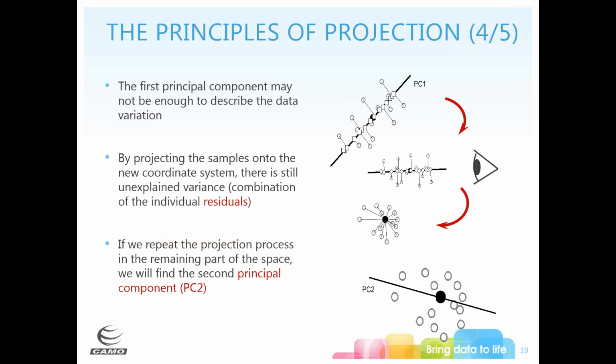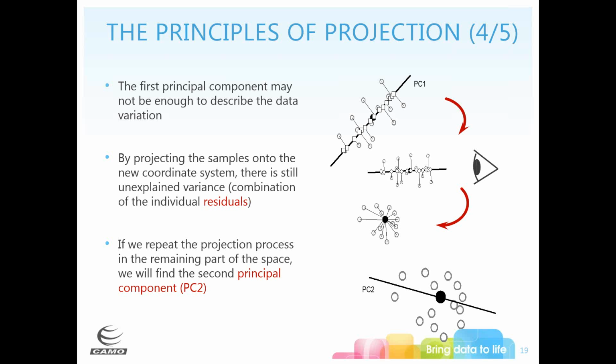Then we look straight down that line and try to find the next direction that has the next most amount of variation. So we've got this PC1, we're taking our eye and looking straight down that line. This black dot in the center here is the principal component 1 vector. Then we define which direction principal component 2 is based on how close they are to this line.